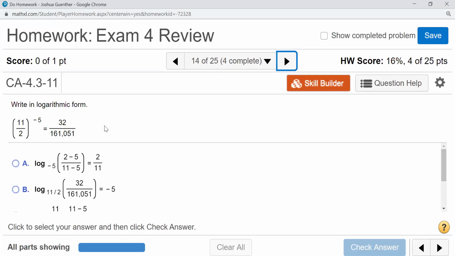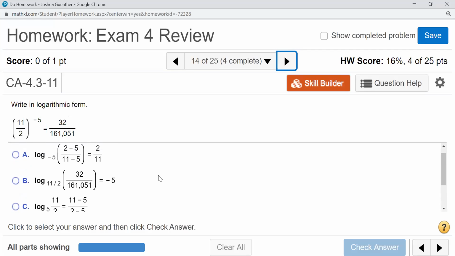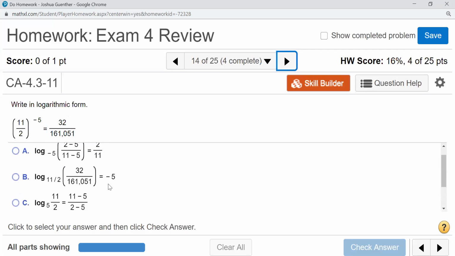This one looks bad, except it actually doesn't want us to solve anything or do any real heavy lifting. It just wants us to rewrite this exponential equation in logarithmic form. And so doing so, 11 over 2 would be the base of the logarithm. This 32 over 161,051 business is going to be the argument of the logarithm, if you remember how to rewrite between exponential and logarithmic form.